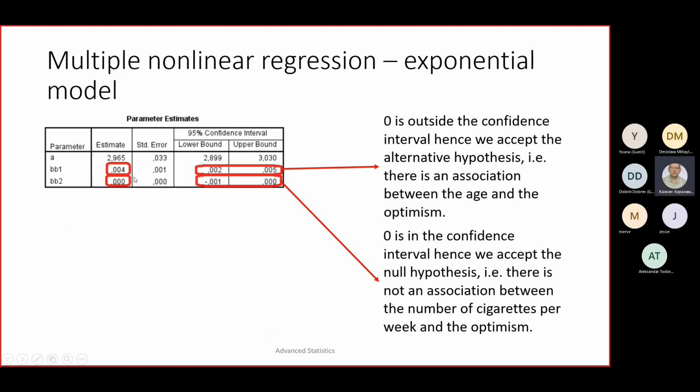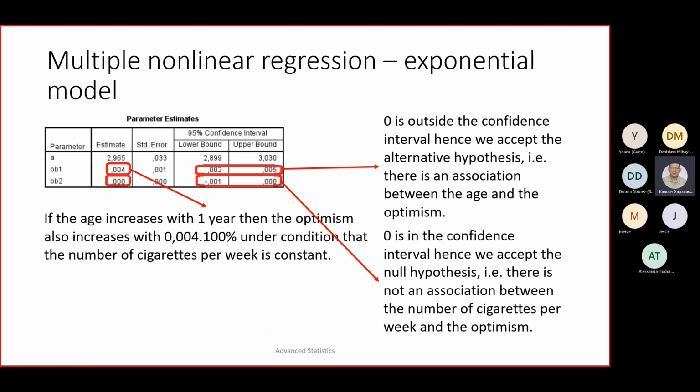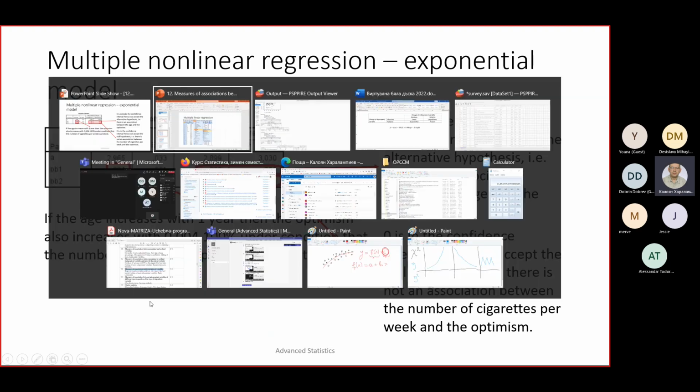And for the second factor, for the number of cigarettes per day, the 0 is inside the interval. That means that we must accept null hypothesis, and that means that this coefficient is not statistically significant, or that means that there is no relationship between number of cigarettes per week and optimism.